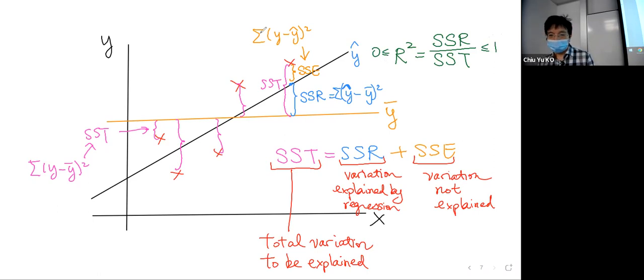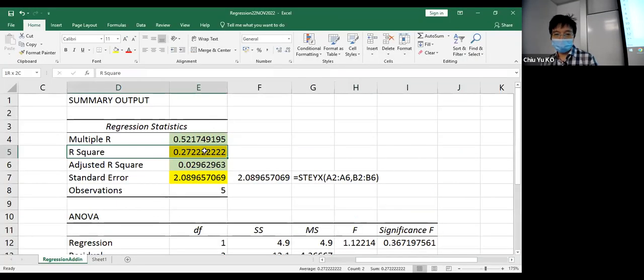It's called goodness of fit. This is the part that I highlighted in the Excel. Let me show it in Excel. That is the part explained there. So in the Excel here, the R-square is 27%. So in this regression, the regression explains 27% of the variation. So I hope.